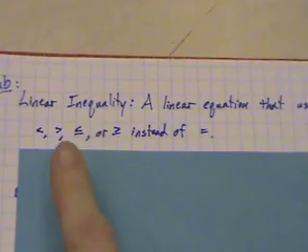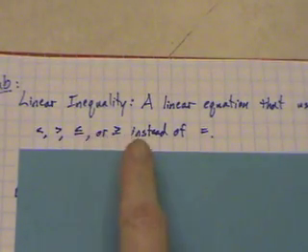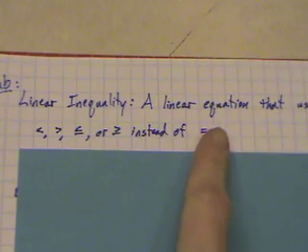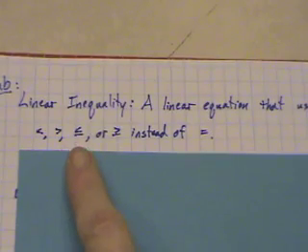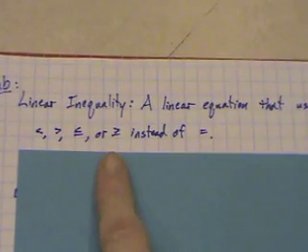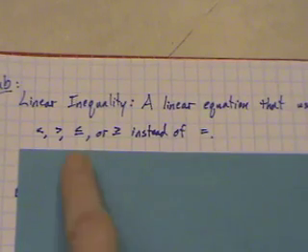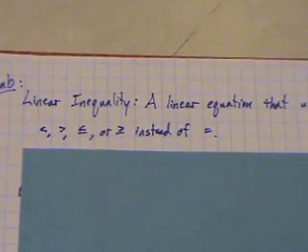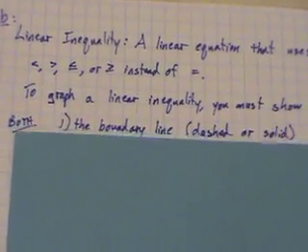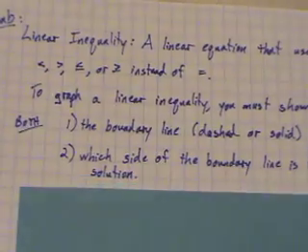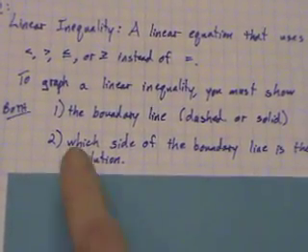So here's your vocab for this lesson. A linear inequality is a linear equation that uses less than, greater than, less than or equal to, or greater than or equal to, instead of an equal sign. This is your definition. This stuff you should write down because you need to know it if you want to get these questions right. To graph a linear inequality, you must show two things.